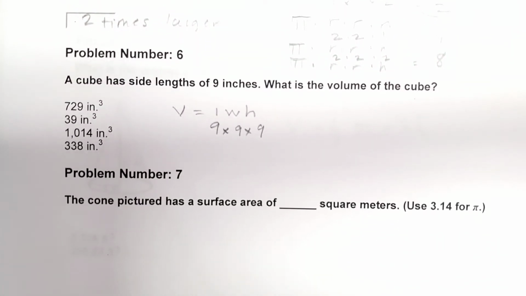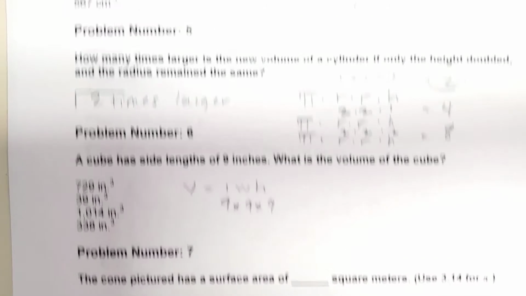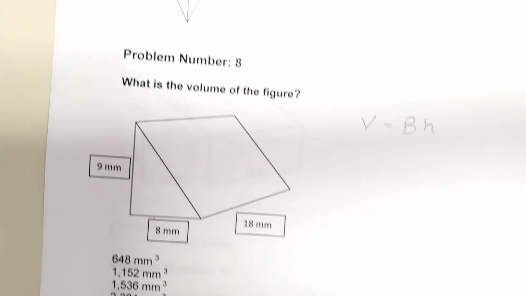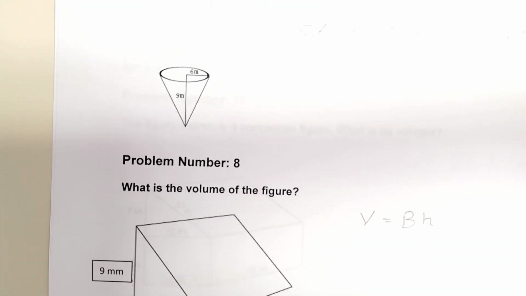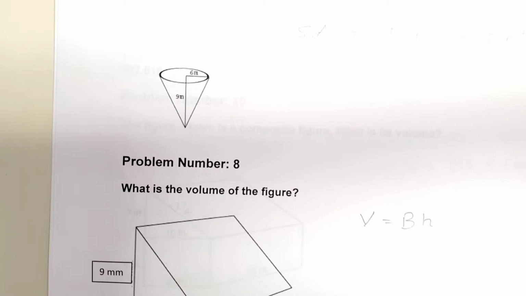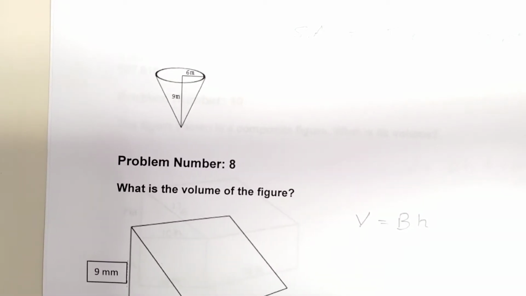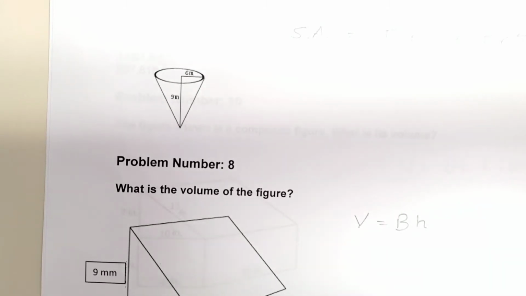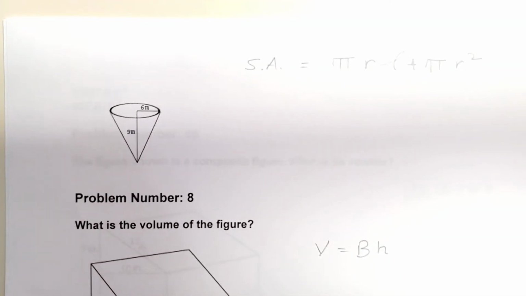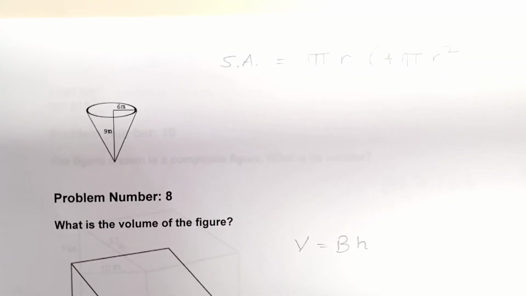Problem number 7. The cone pictured has a surface area of how many square meters? Use 3.14 for pi. All right, here's our cone. Surface area formula for cone. I have it written down right there on top.